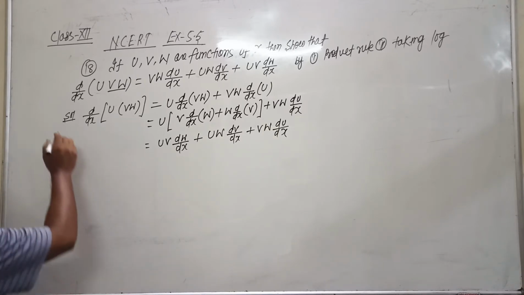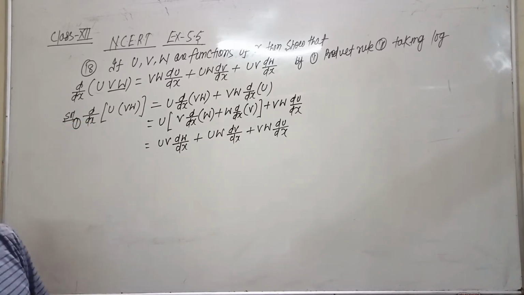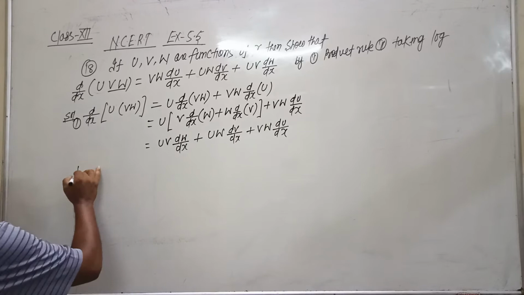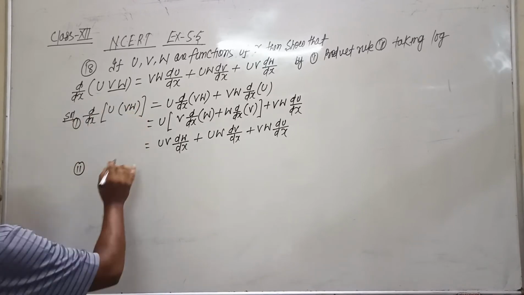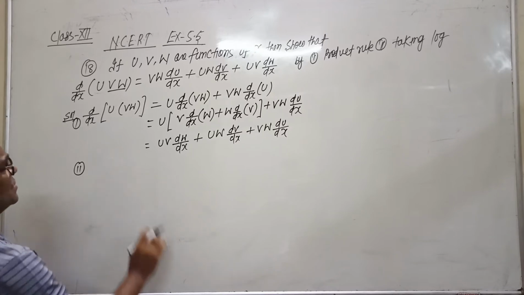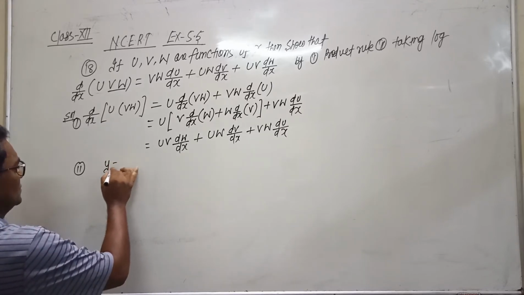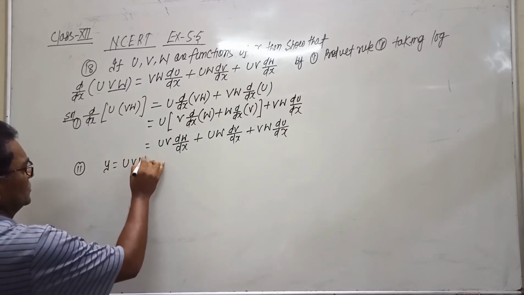Now the second part is by taking log. We have given d by dx of u, v and w. So let us suppose y equals u, v and w.